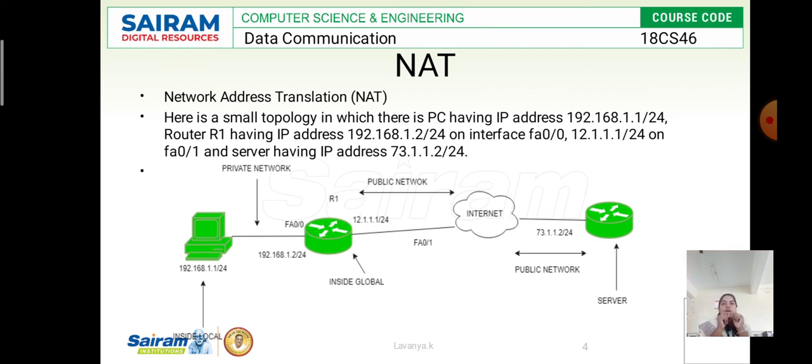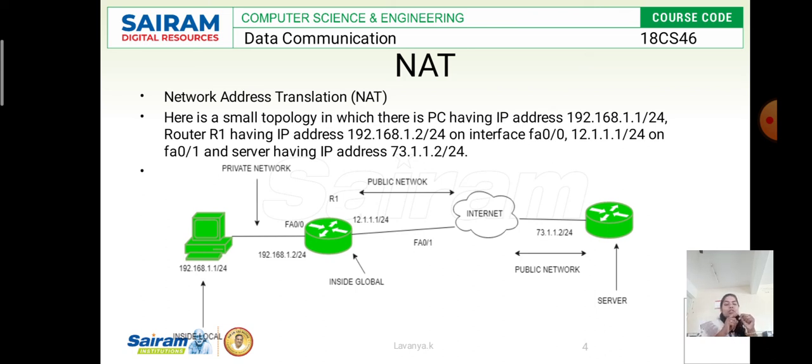The other interface is on the global network, which we call the outside of the network. Whenever a packet travels from the inside to the outside of the network, the NAT converts the local IP address into the global IP address.